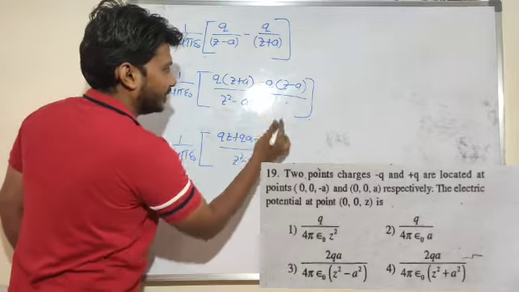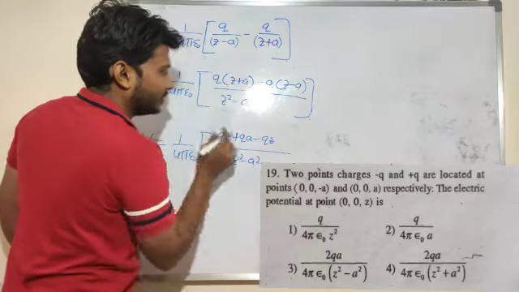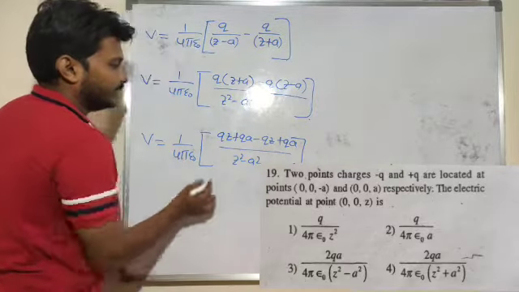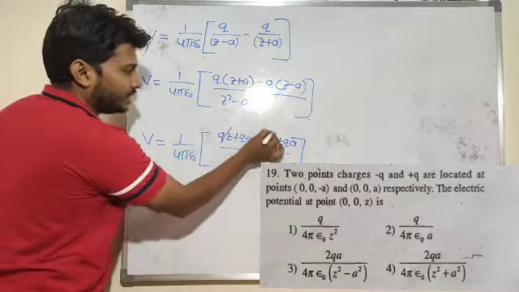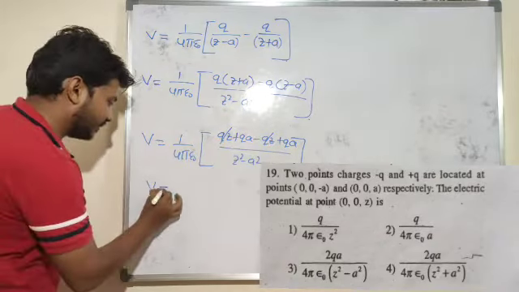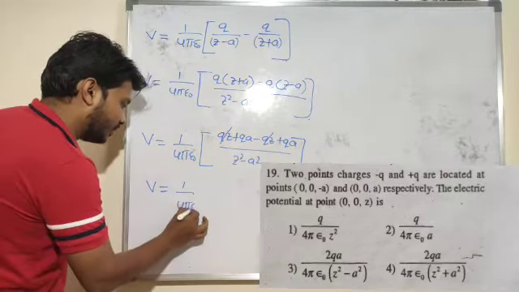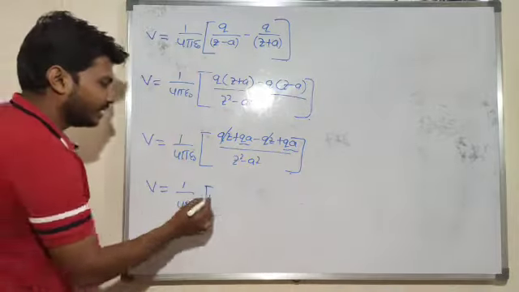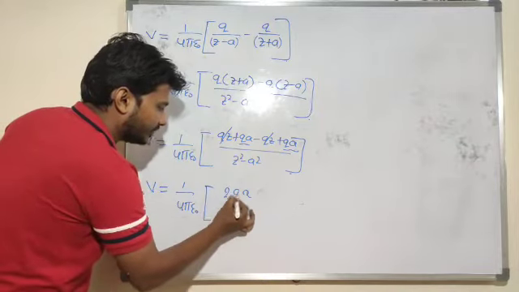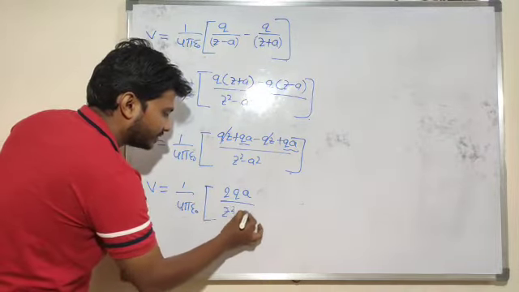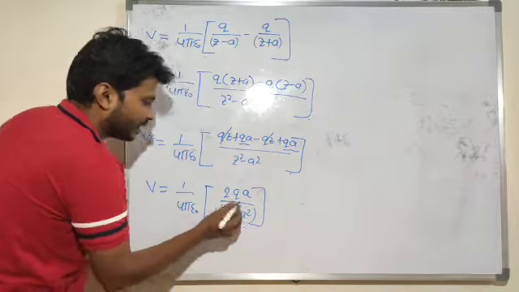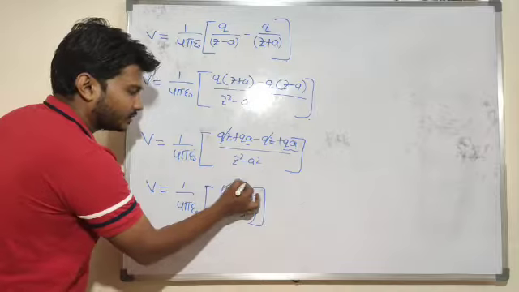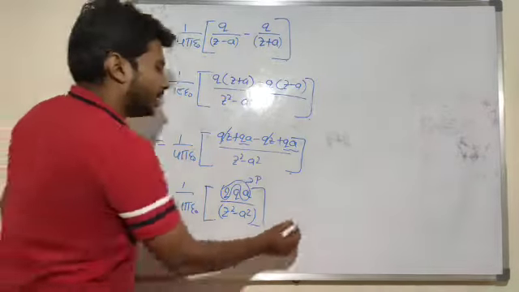If you remove that bracket, minus into minus is plus, so that is plus q into a here. So plus q into z minus q into z will get cancelled out. V equals 1 by 4 pi epsilon naught, q into a plus q into a. So I take 2 times q into a divided by z square minus a square here. So 2q into a, 2a into q, that is nothing but the dipole moment here.